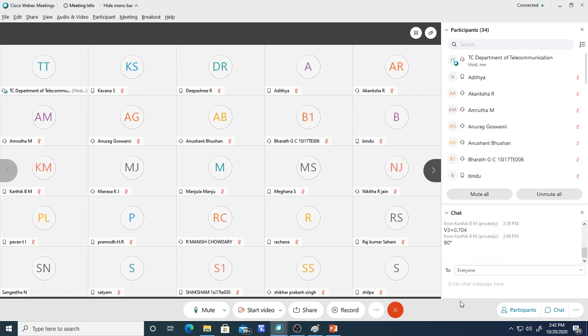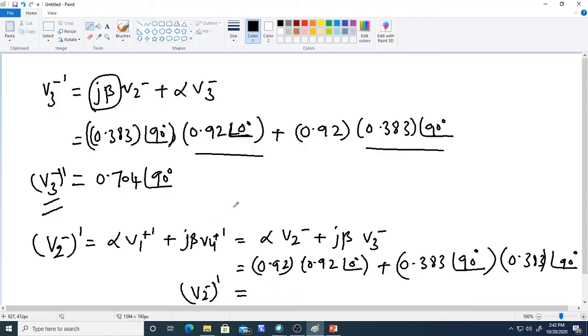Karthik, have you got it? Hello, Karthik? Is it calculated, V2 minus? Sir, I'm checking. So this is V3 minus dash and V2 minus dash, we can calculate and put that value. Okay. So whatever you get, that is the value for V2 minus dash. Okay.